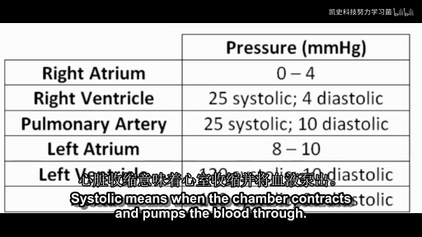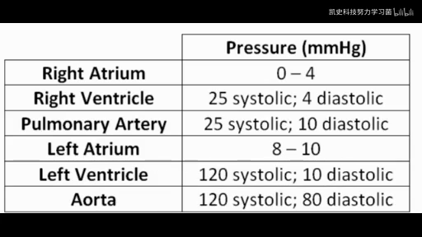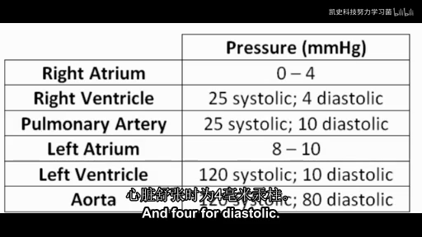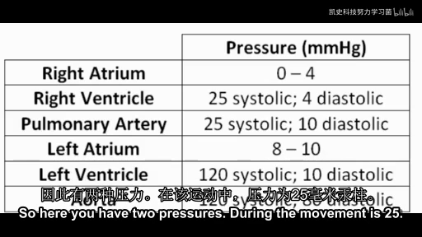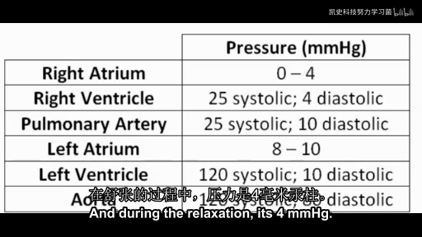Systolic means when your chamber contracts and pumps the blood through. And 4 for diastolic. Diastolic is when your chamber relaxes. So here you have two pressures, during the contraction 25, and during the relaxation 4 millimeters of mercury.